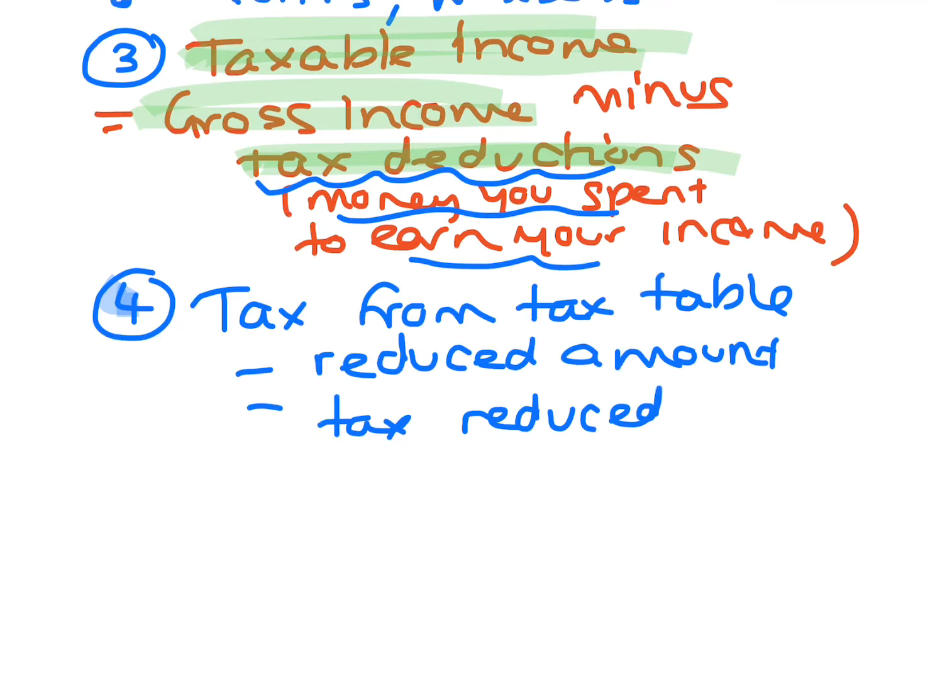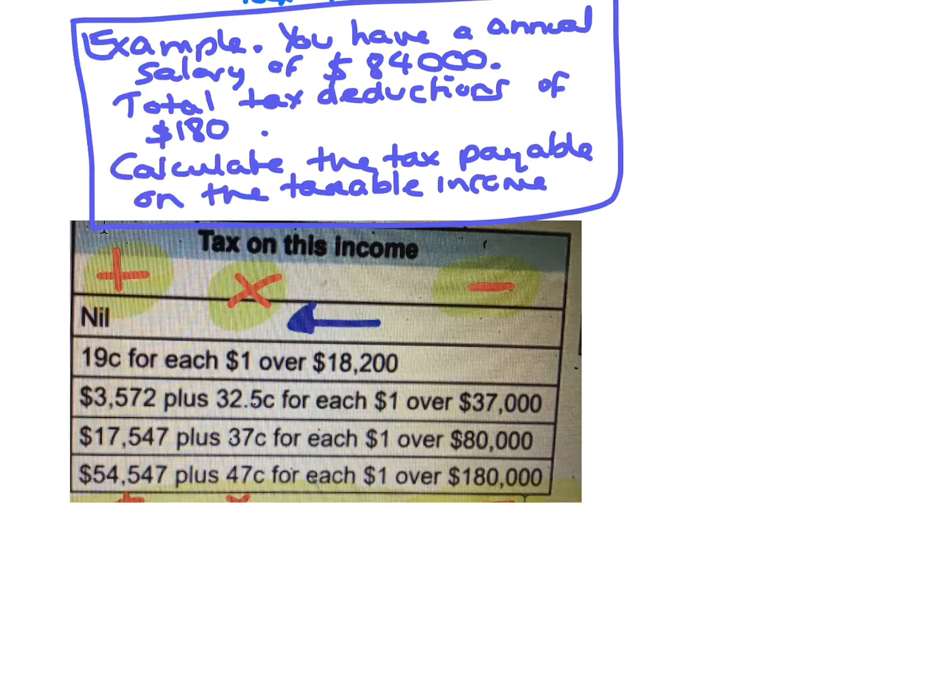So we're just going to use a tax table to calculate the tax, and I'm going to give you an example. If you earn $84,000, that's your annual salary. Annual means for 1 year. And then your total tax deductions, well, that's $180.